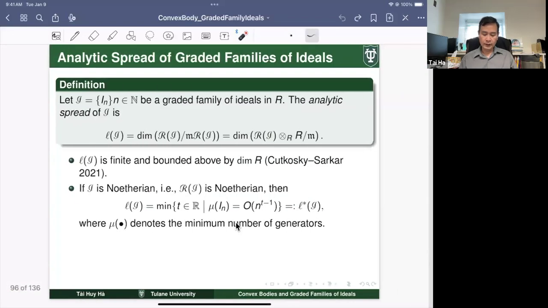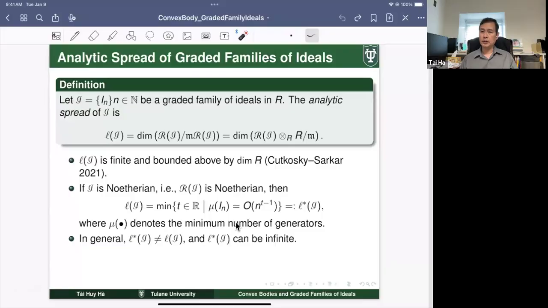If the family that we start with is Noetherian, then this invariant is also known to measure the rate of growth of the number of minimal generators of elements inside a family. In general, one can define L star of the family to be exactly the rate of growth of the number of minimal generators. When the Rees algebra is Noetherian, or when the family is Noetherian, the two notions are the same.